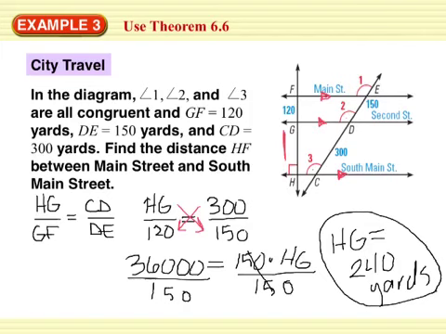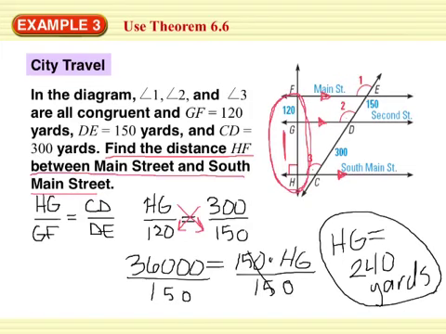Pretty cool. Hold on. Pause that. You guys would hopefully catch me on this. Look at the problem. It says find the distance HF between Main Street and South Main Street. You're trying to find the whole distance.